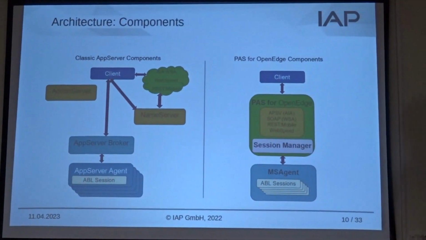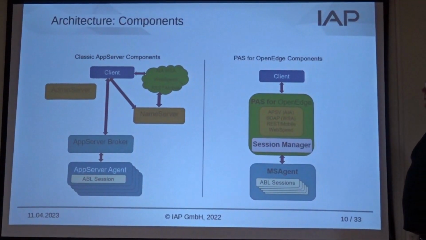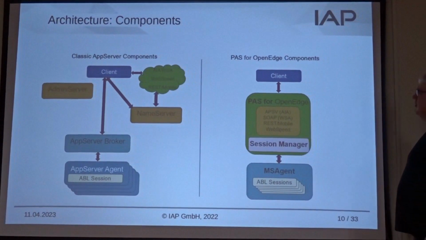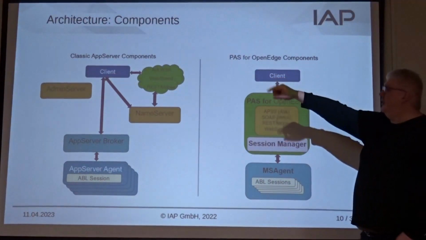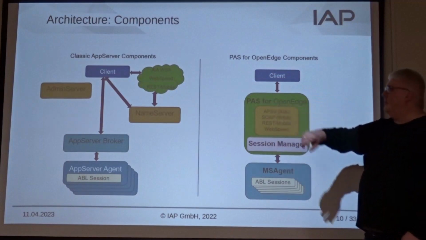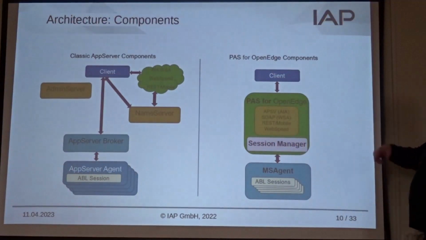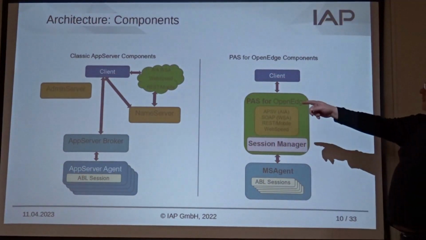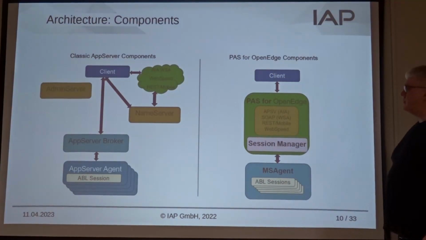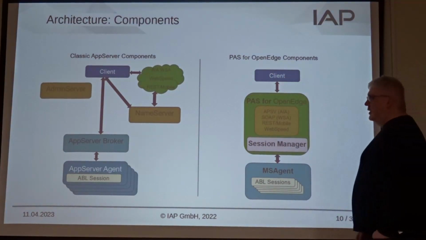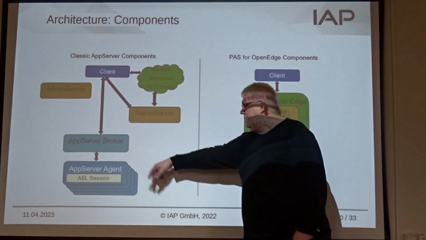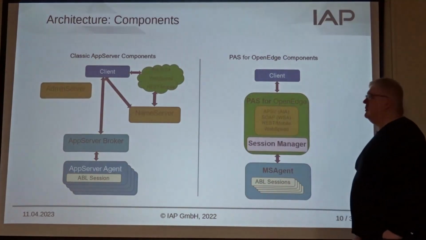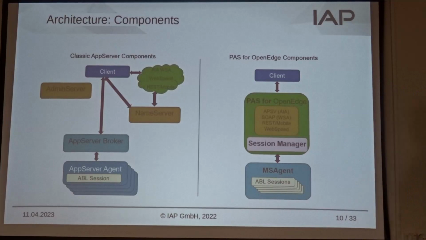This is another graphic here. You have your client, normally the OpenEdge client. Then you have the admin server, which controls everything. Then you have a name server, and here the app server broker, and then you have your several agents.